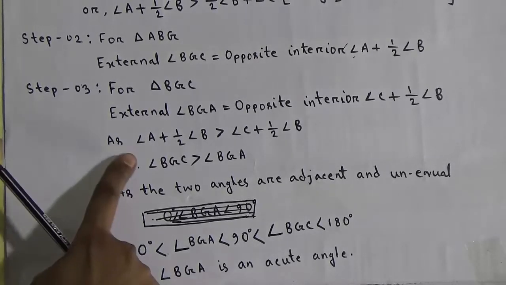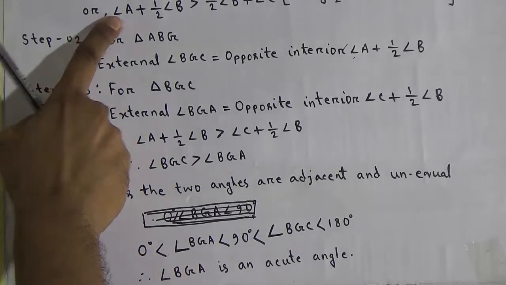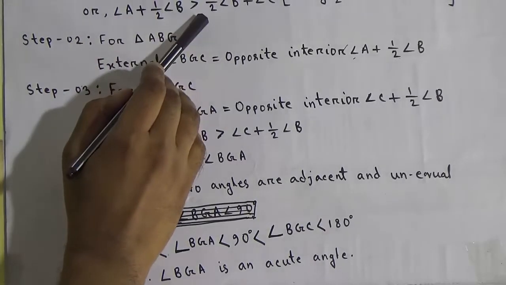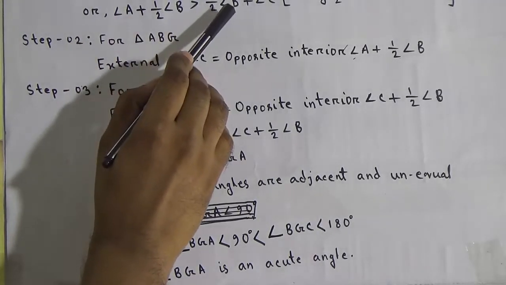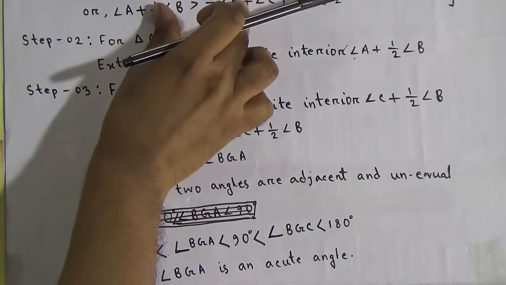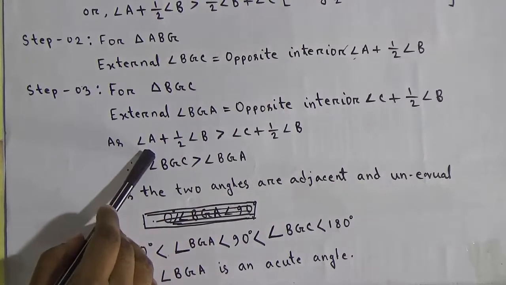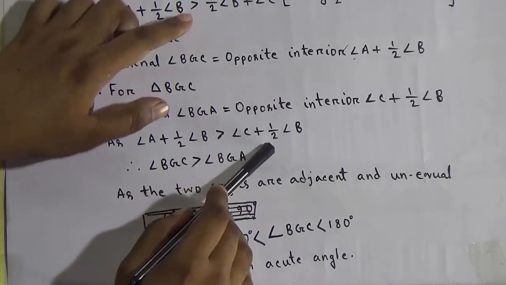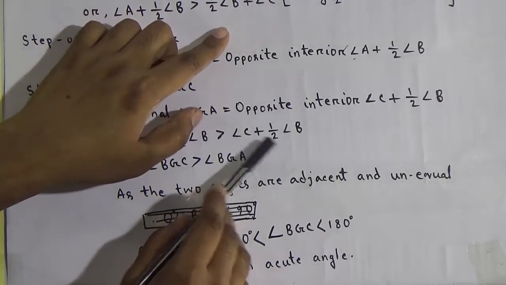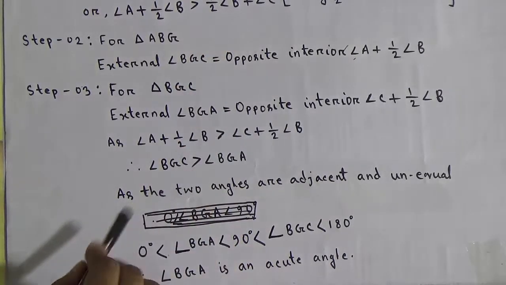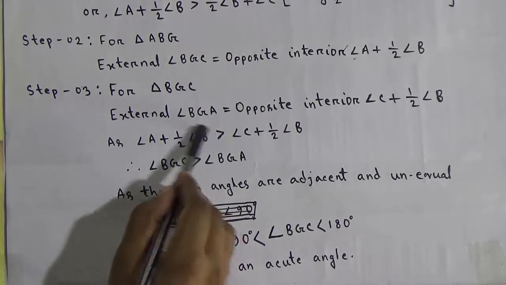Dear students, here we have written angle A plus half of angle B is greater than half of angle B plus C. Now A plus half of B equal to what?